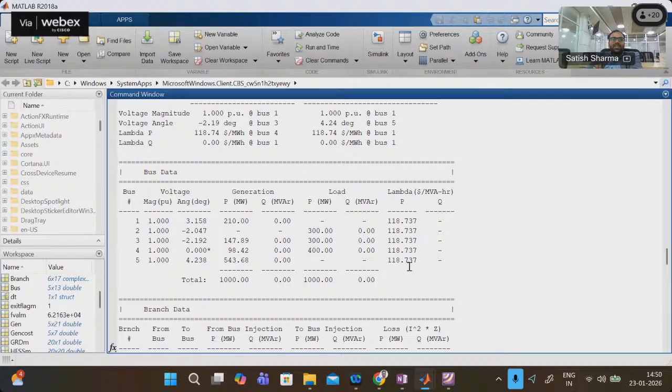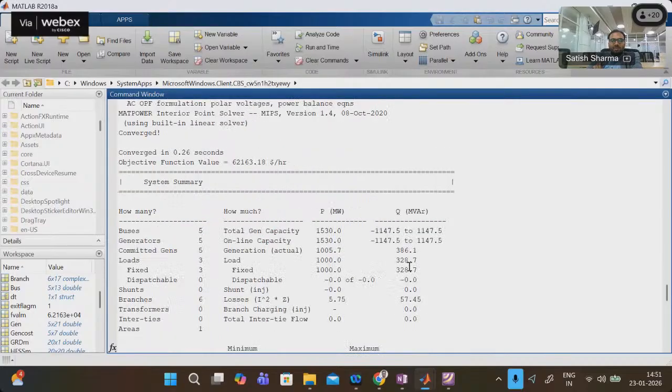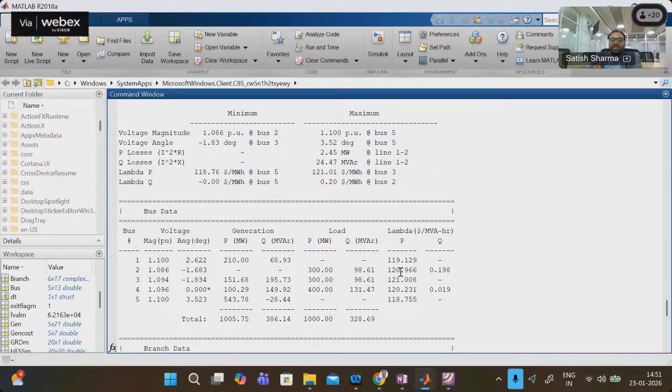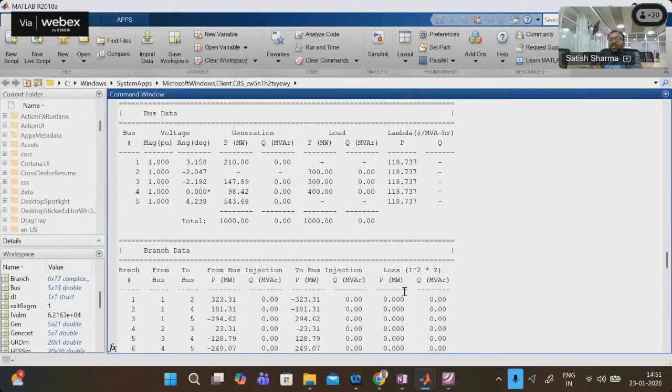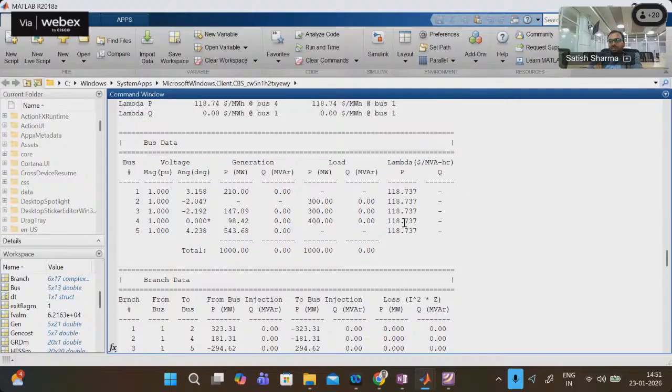Can anybody put their thoughts and comments on it? Why are the LMPs in ACOPF coming like 119, 120, 121 or something like that, and here it is coming equal to 118? This lambda is LMP.